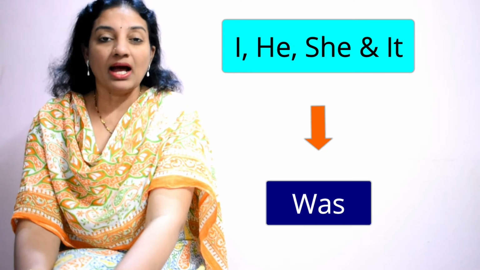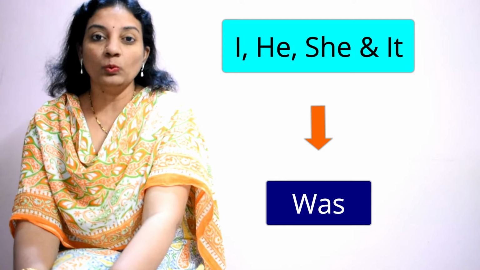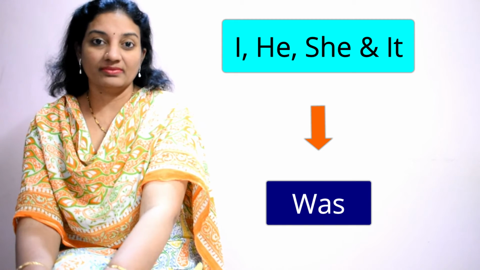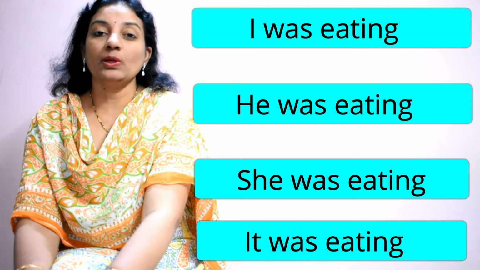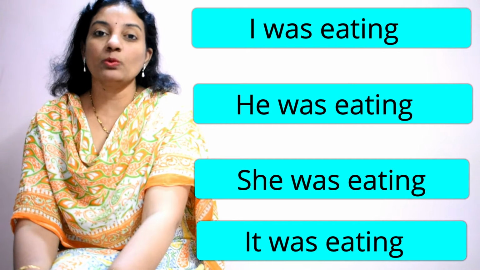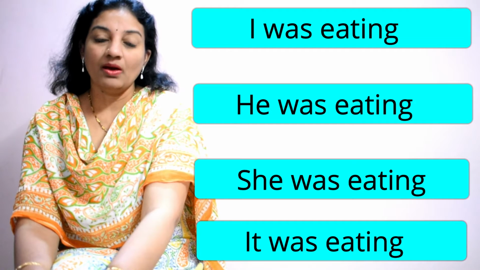Let us talk about was and were. Okay, I, he, she and it was eating. Do you understand? I was eating, he was eating, she was eating, it was eating. Okay, all singular pronouns, I, he, she and it, was eating.